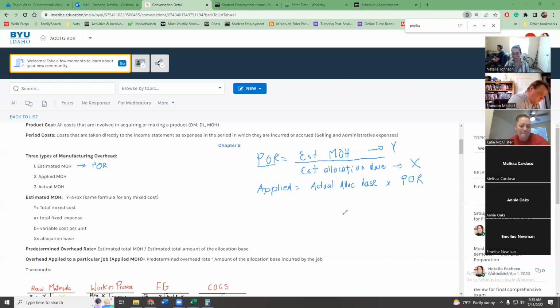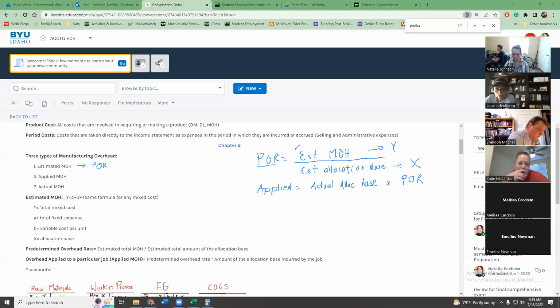Yeah, it's okay. So this estimated manufacturing overhead, the only thing that you use it for is to find the predetermined overhead rate. That's it. The ones that you're going to use in calculations, or in the T accounts, are the applied and the actual manufacturing overhead.